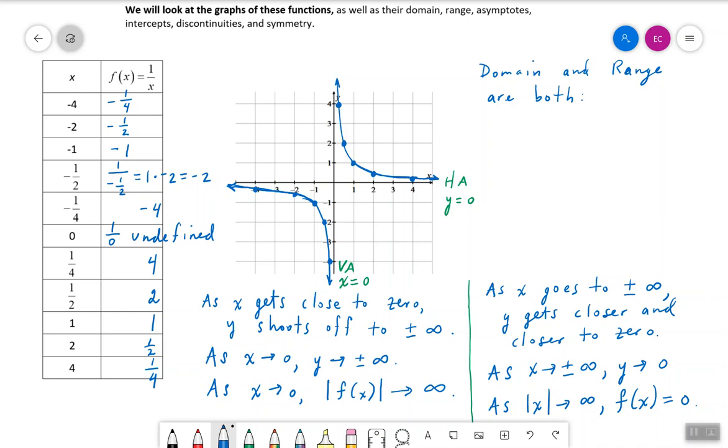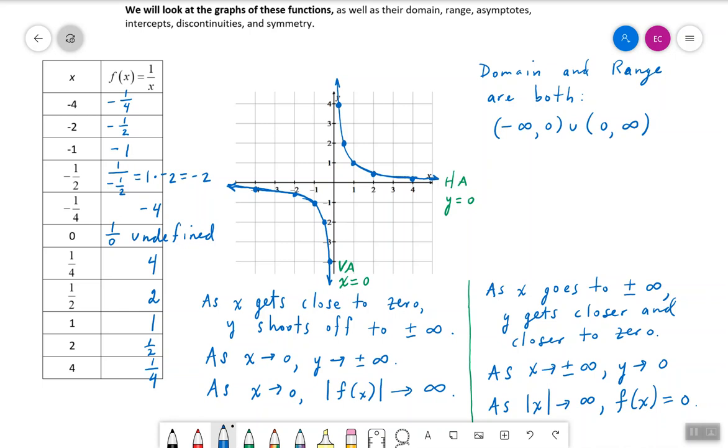Every x value, every real number is in the domain except for 0. So the domain is all real numbers except 0. We can write that in interval notation, just like this. All real numbers except for 0.